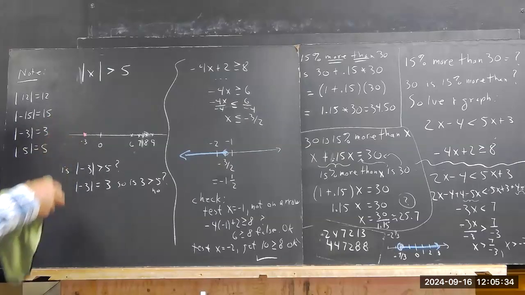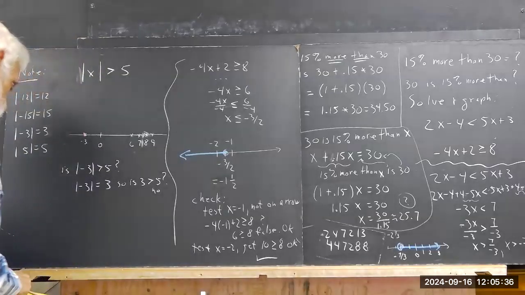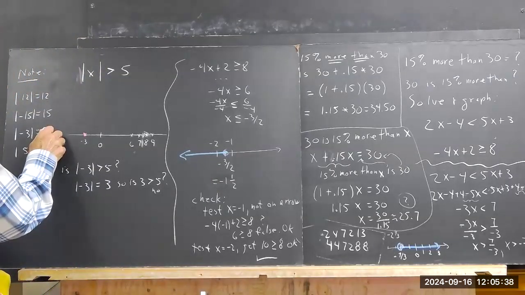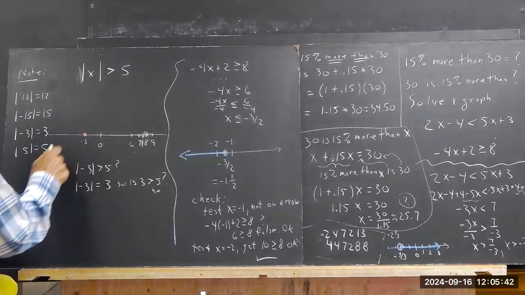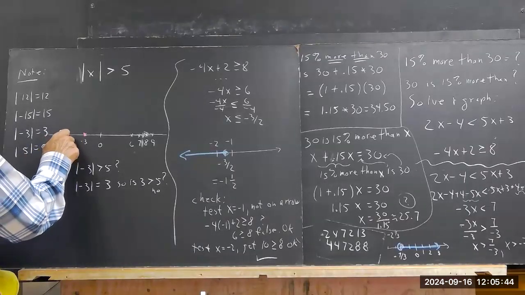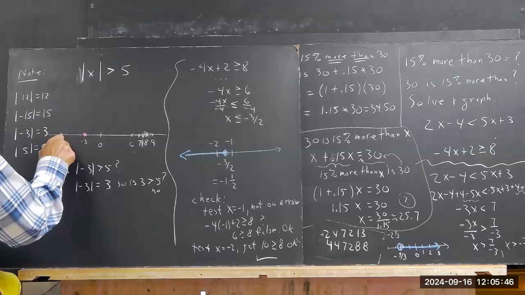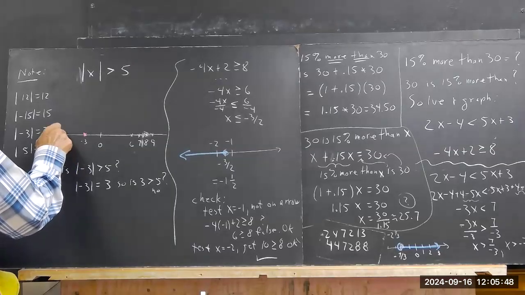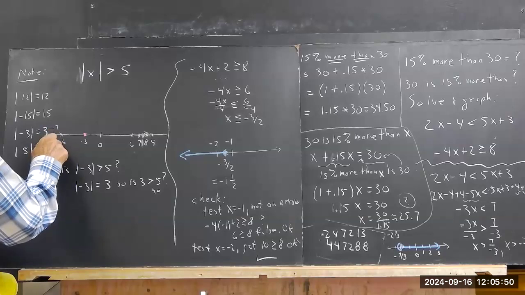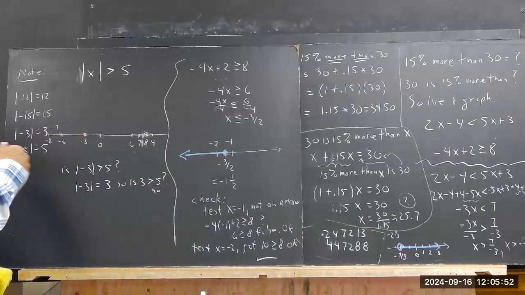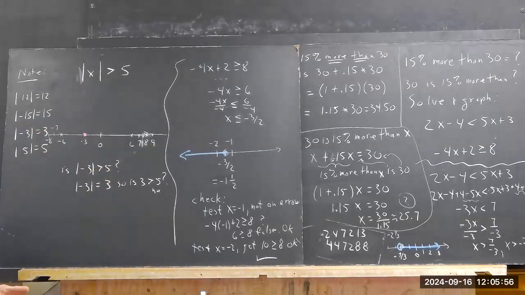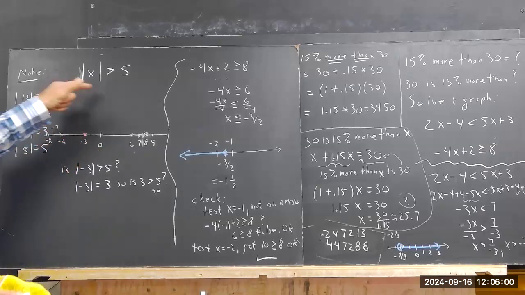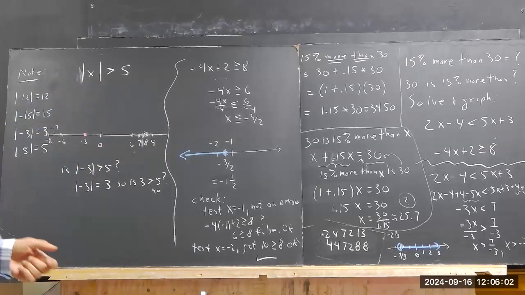This is the piece of chalk I had at hand. Okay, so we got -6, -7, -8, all white as opposed to red. And all the white ones satisfy the equation.